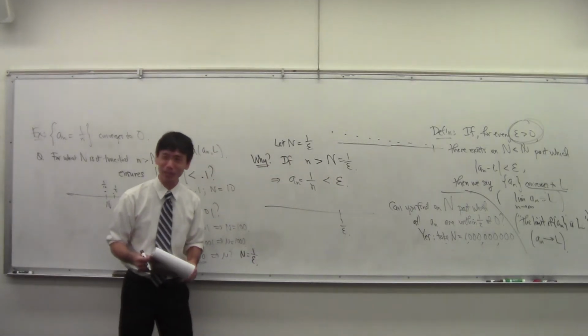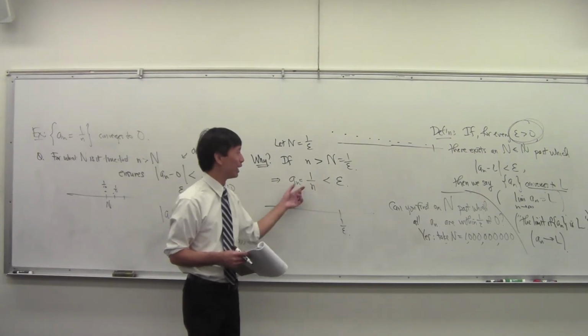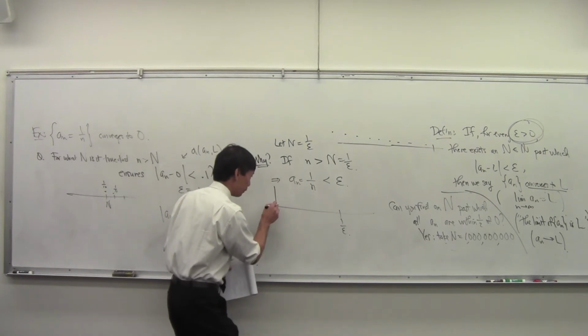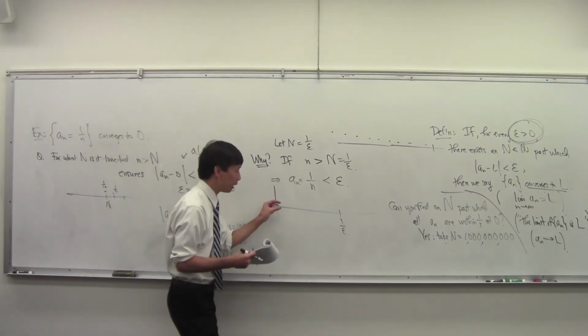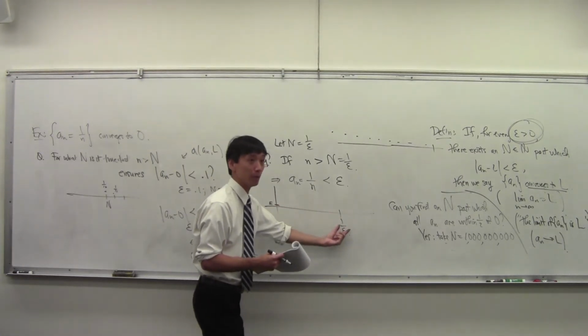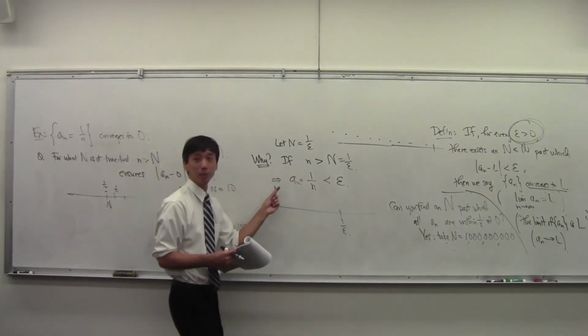A sub n is going to be less than epsilon. So if somebody says, I want you to stay this close to 0, you say, oh look, as long as I'm past 1 over epsilon, then all my values are less than epsilon.